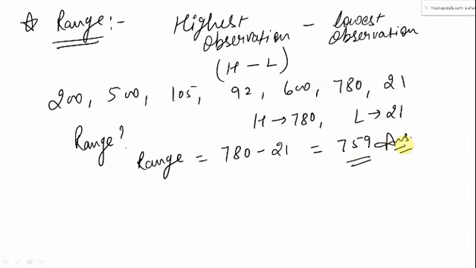I don't think there is any problem, but is there any problem you can ask? Any problem? No, sir. The difference between the highest point and the lowest point is range. Yes, the difference between the highest observation or highest item and the lowest item is called the range.